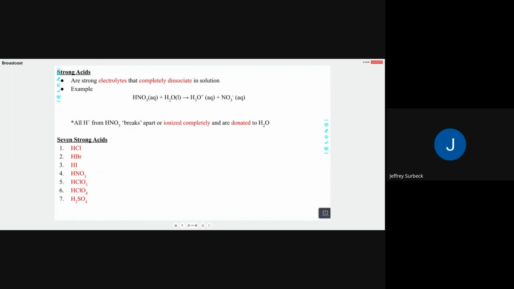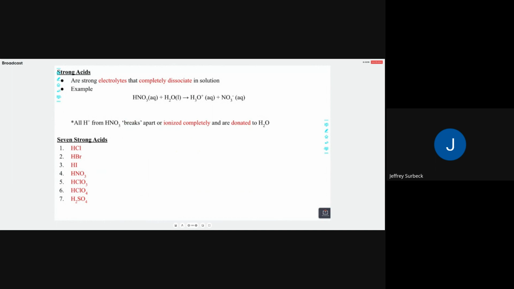If it's strong, we simply plug our concentration of original acid into our pH formula to calculate pH. But you have to be able to identify if that acid is in fact one of these 7 strong acids. If it's not, we can't play by the rules that I'm getting ready to show you.